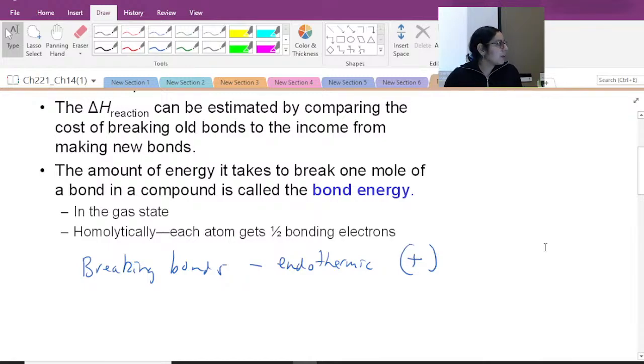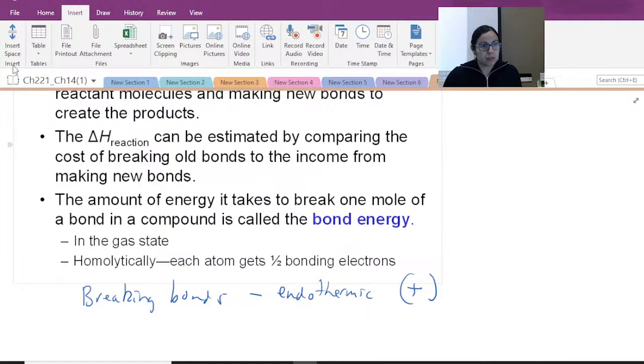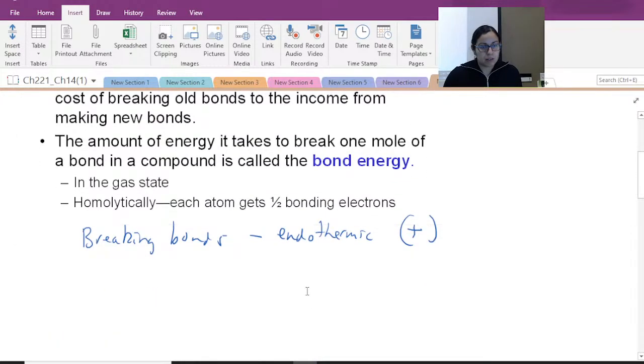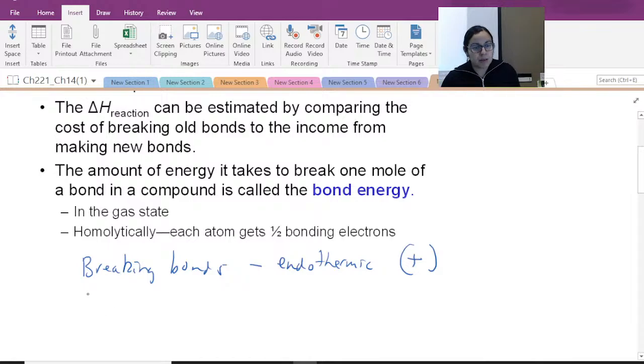Then we'll compare that to making bonds. Making bonds gives us back energy, so that's thermodynamically favorable. That's going to be exothermic.